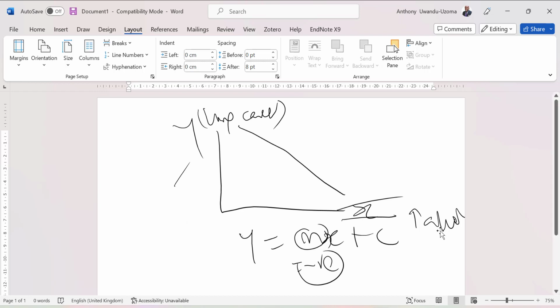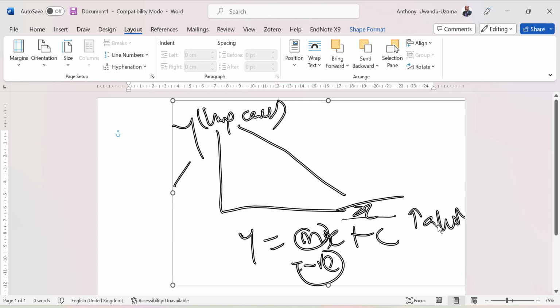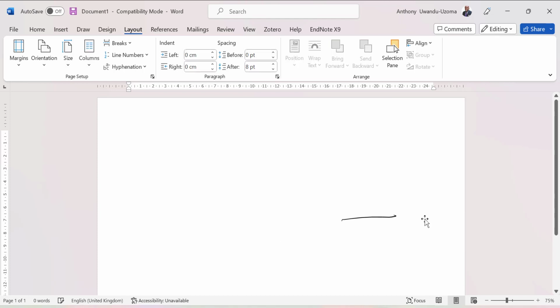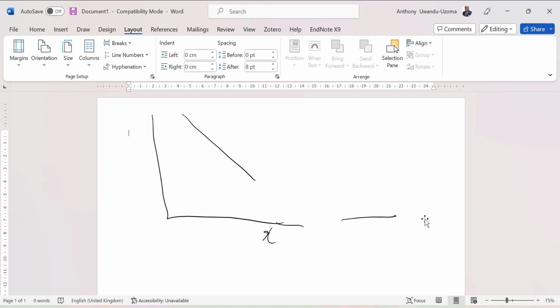Sorry, let me delete this one. So for a negative slope, where x is, let's say, the number of hours you exercise, then your y is the risk of heart attack.